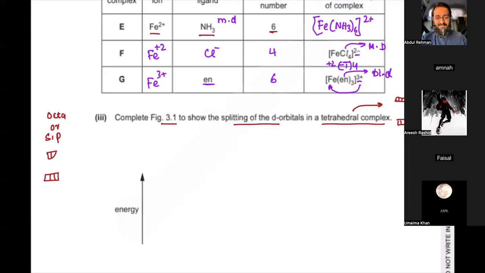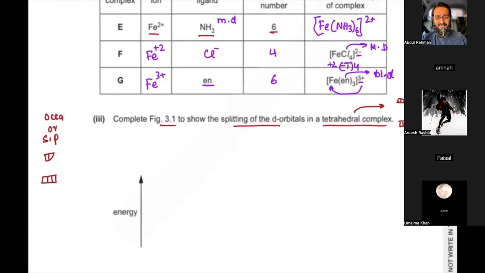So there are 5 orbitals over here, 1, 2, 3, 4, 5, with the same energies.